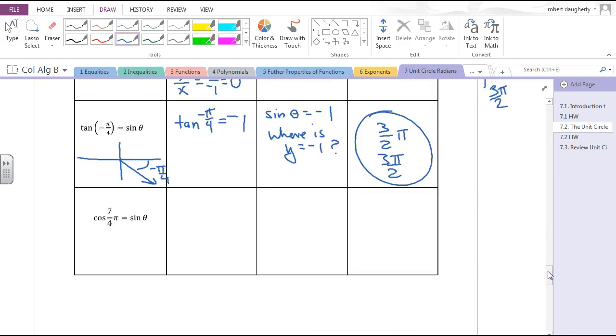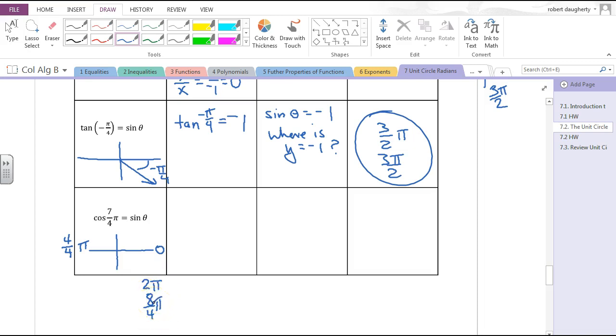Cosine of 7/4 pi equals sine of theta. These all break down to the same thing. Draw the angle, okay? 7/4 pi. That is 0. This is pi. Since I've got fourths, let's call this 4/4. One full revolution is 2 pi. It might help in this problem to call it 8/4 pi.